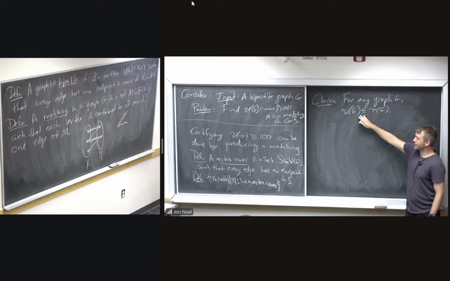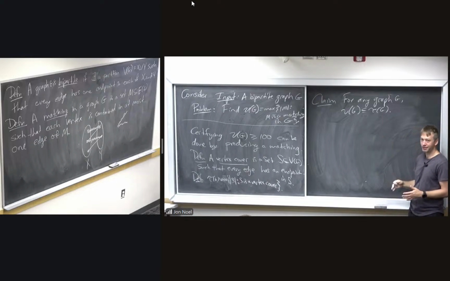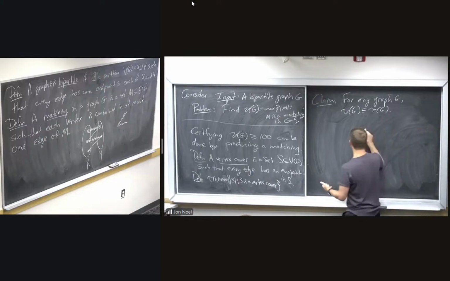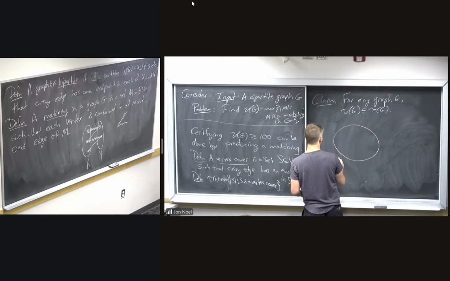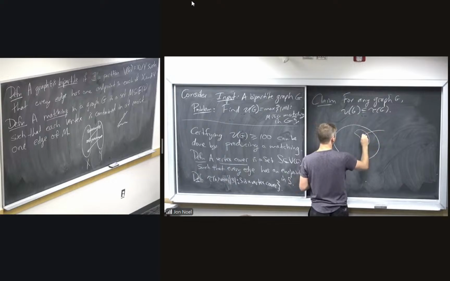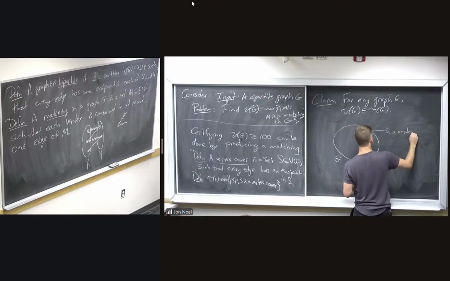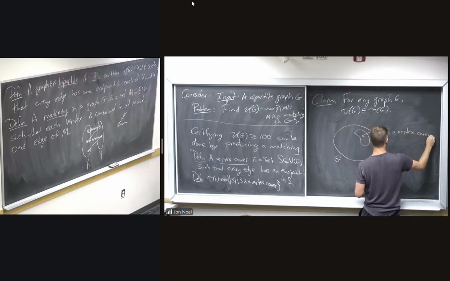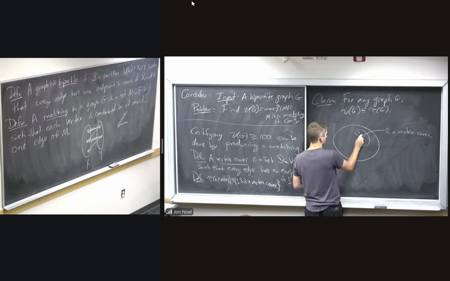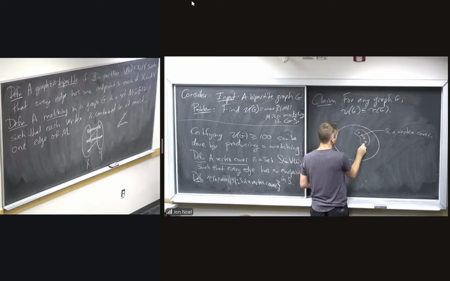To get this inequality, it's just like a pigeonhole kind of thing. So I take my graph, and take any vertex cover S. Let's say it's got 5 vertices.